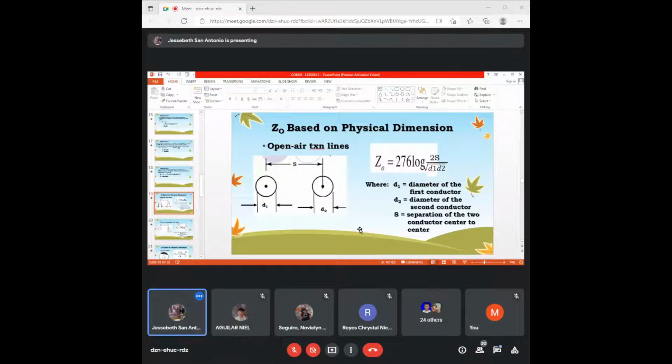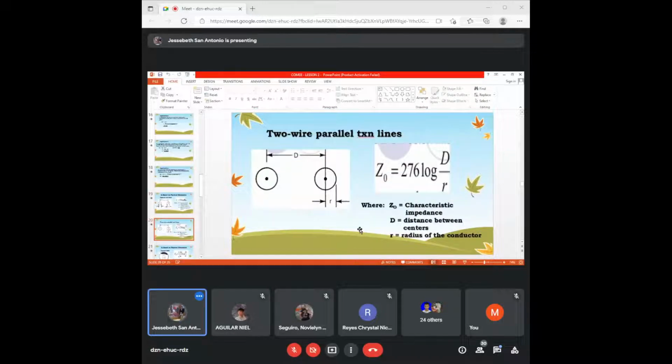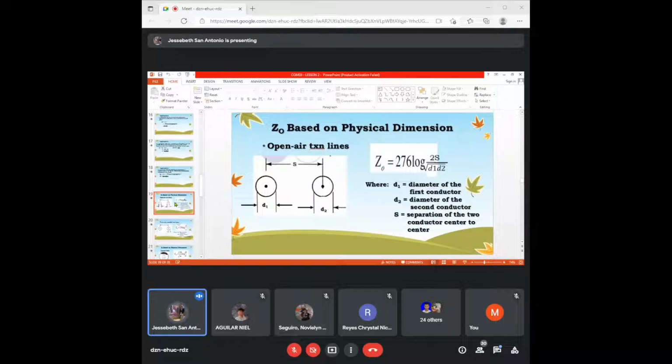Okay? Now, in some books, you will find this one. The same, no? 276, no? Ano yung D? Ay ganun pa din. S yan, equivalent sa S. Okay, equivalent sa S. At this time, we take the radius lang over the square root of R, no? So, parehas lang din niya nung nauna, no?